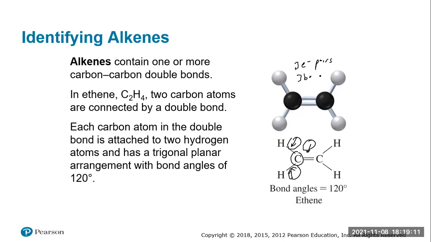The geometry of this, unlike an alkane, which is tetrahedral, is trigonal planar. That's our triangular type thing. That's our 120 degrees sort of triangle, as you could kind of see here. Triangle happening on both sides in this particular molecule.